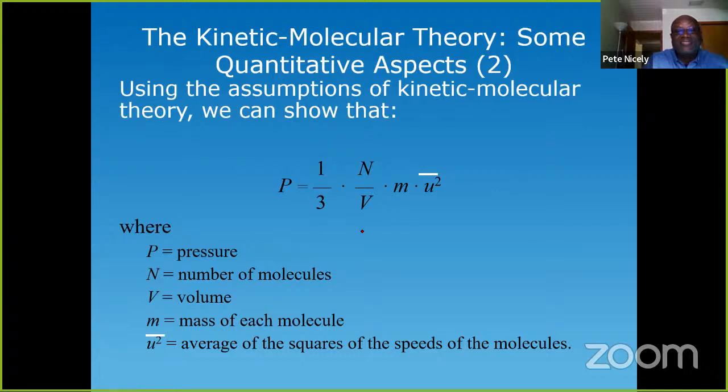Basically, u squared bar is equal to the square of the speed of molecule 1 plus the square of the speed of molecule 2 plus the square of the speed of molecule 3, and so on until you get to the nth molecule, right?